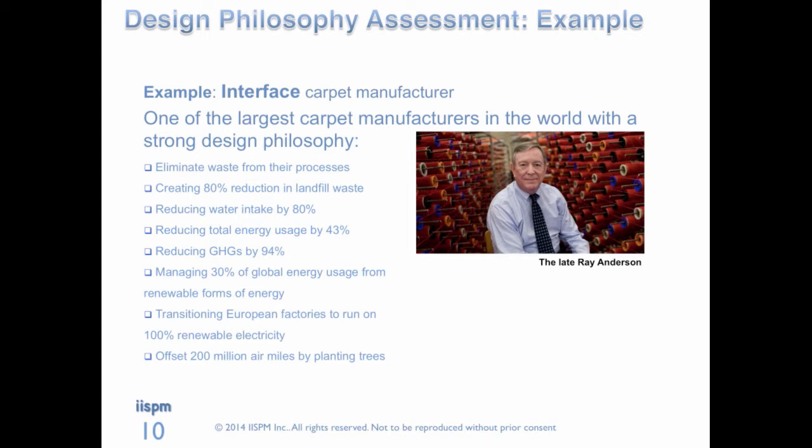Now, Interface has pretty much led the planet from an industrial perspective on how and what can be done to become more sustainable. And this shopping list here just goes to show you that these are things that can and probably should be taken into consideration as requirements for any project within any organization around the planet.